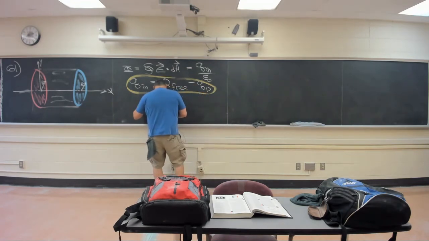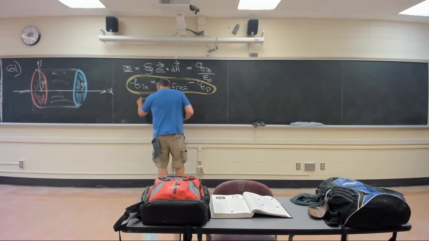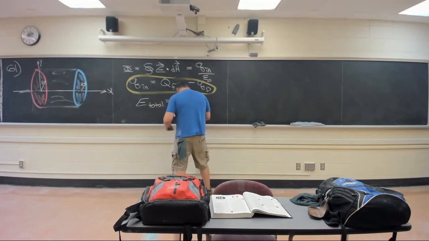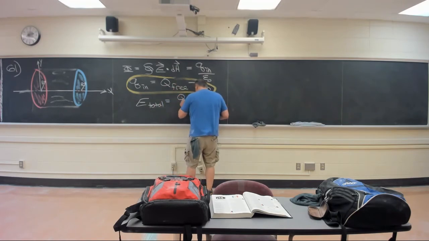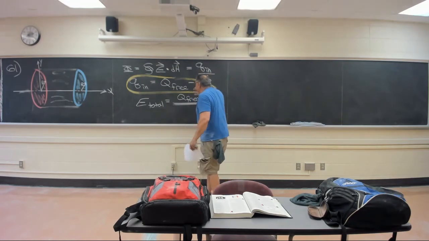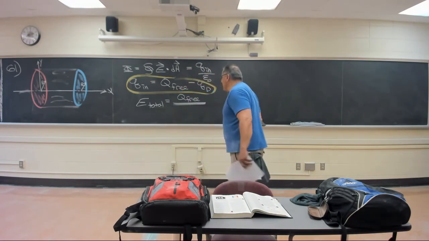Well, okay, we've said a lot. We said what the Q free was, and we talked about E total after we did all this earlier business. Again, there's just not as much of the positive charge, effectively speaking.